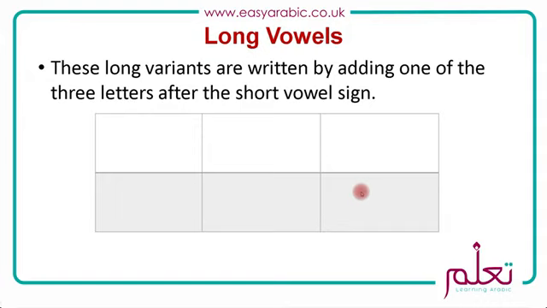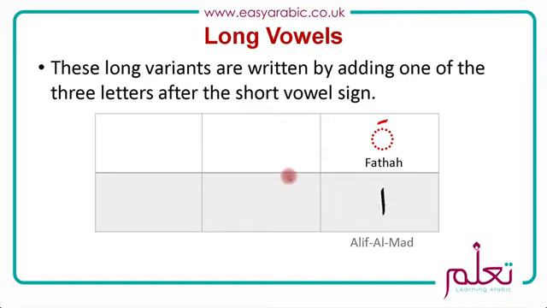So the letter with the short vowel must be written, and then the variant for it to become the long vowel. The first one is the fatha, and the variant used with the fatha is the alif. So we have the letter with the fatha on it, followed by the alif.